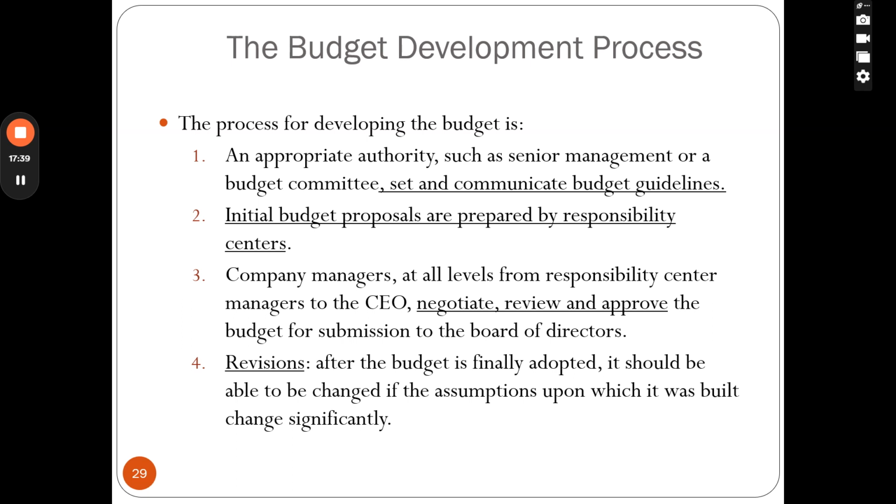Now this is the budget development process, or how the budget is processed. You may have seen this in the last video also, so we'll just go through it. An appropriate authority such as senior management or a budget committee, and if you don't have a budget committee in your company then senior management, will set and communicate the guidelines to prepare the budget.